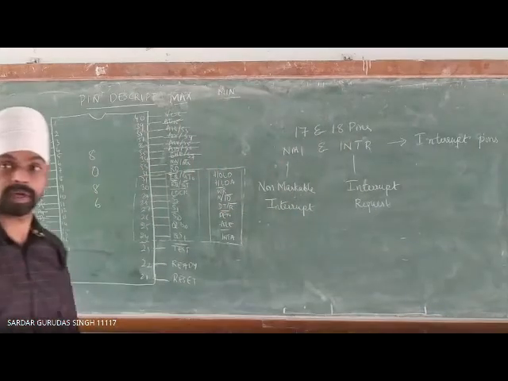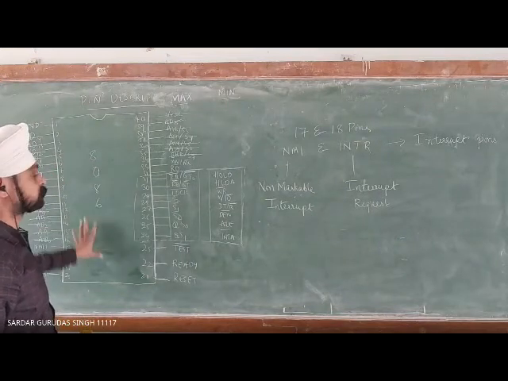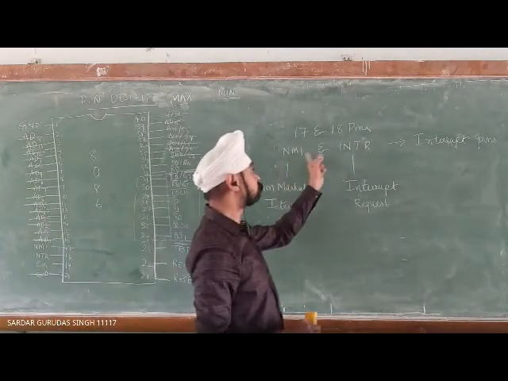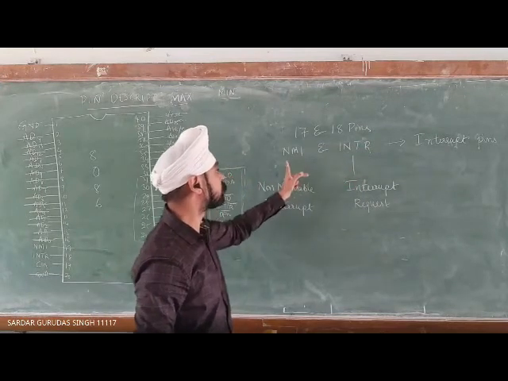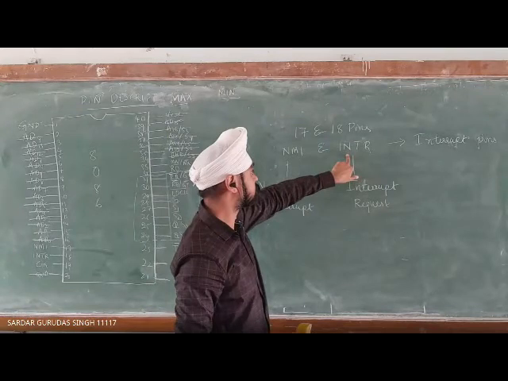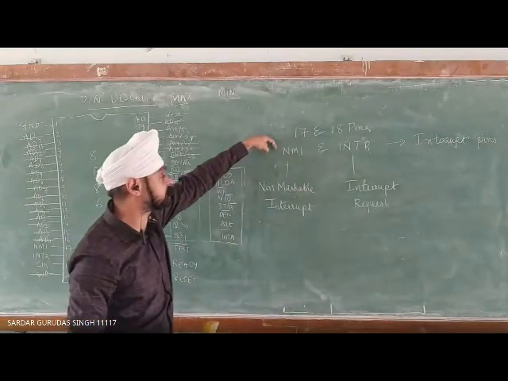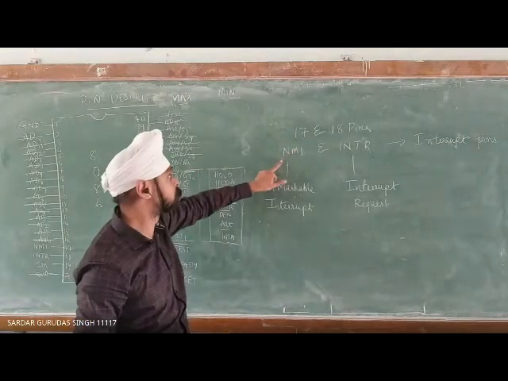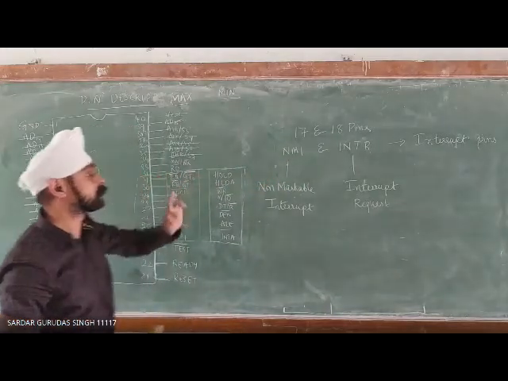If any interrupt wants to access the processor, then it will send the request to these two pins, the NMI pin and the INTR pin. The only difference between these two is that an interrupt request on the INTR pin can be masked or hidden, but if any interrupt request comes on the NMI pin, then the processor should give access to this particular interrupt.